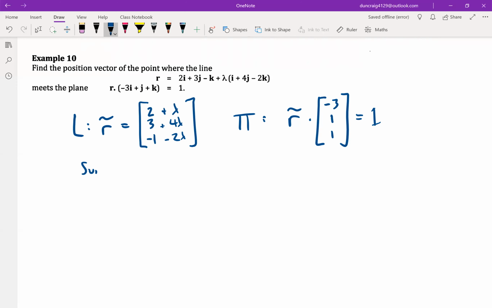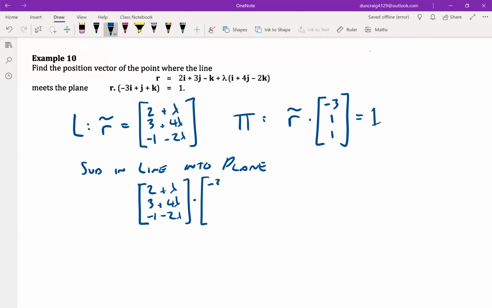So basically, sub the line into the plane. That's what we're going to do. That gives us (2 plus lambda, 3 plus 4 lambda, negative 1 take 2 lambda) dot (minus 3, 1, 1) is equal to 1.